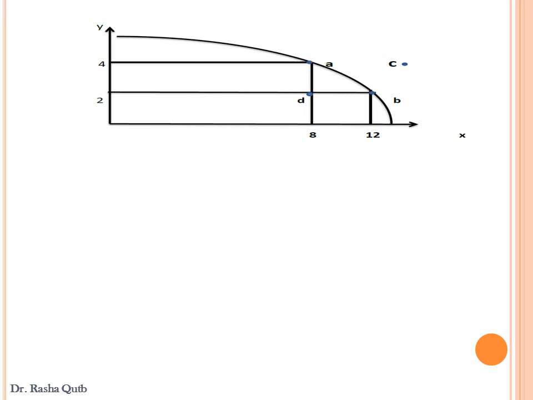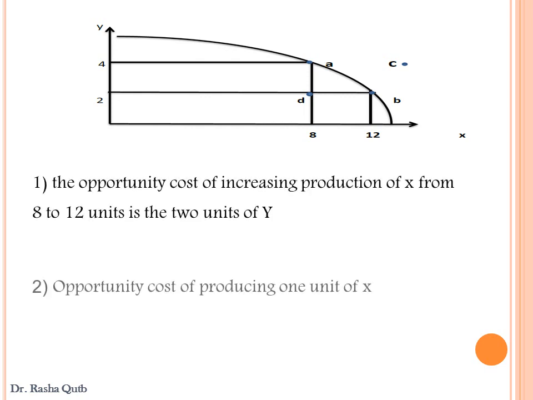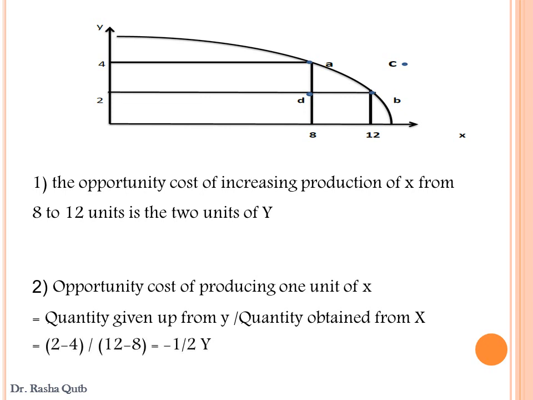In order to increase X by 4 units, we have to decrease the production of Y by 2 units, from 4 to 2. So moving from A to B indicates that 4 units of X are gained and 2 units of Y are lost.